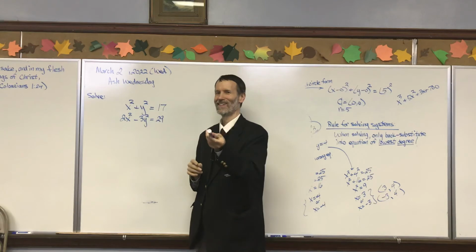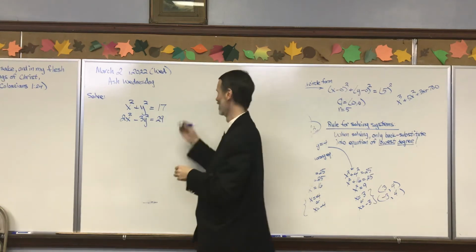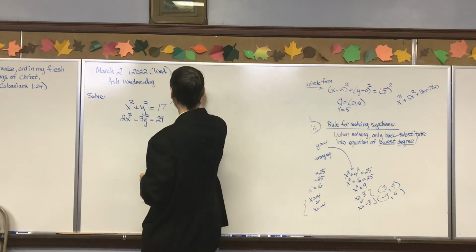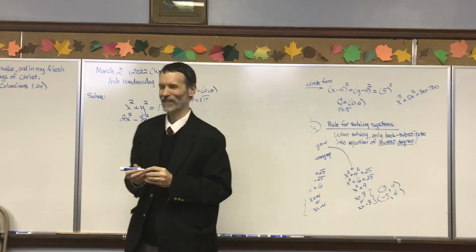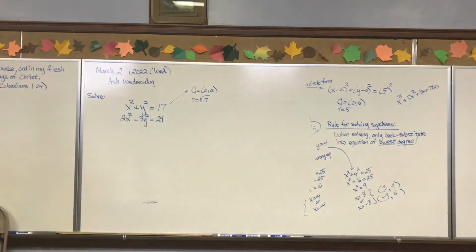It's radical 17. This thing has a center at 0, 0, which is nice, and a radius of radical 17, which is not very nice. It's a little bigger than 4. I would not want to graph this thing unless I absolutely had to.